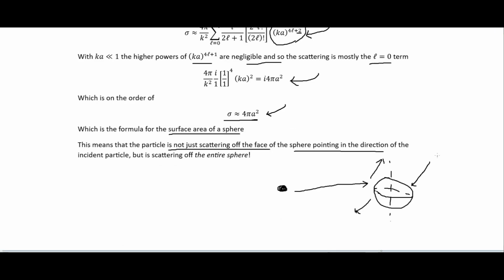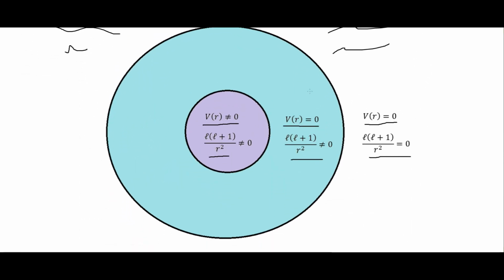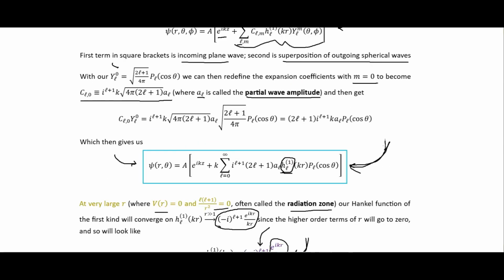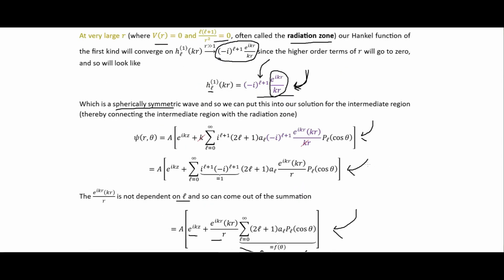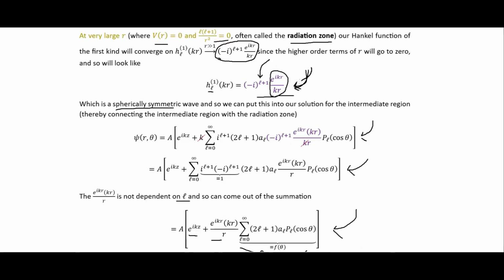But anyway, that was it for this video. So like I said, what we did was we combined the outgoing wave for the intermediate and the external or radiation zone here, and we ended up getting this right here. So that was for the intermediate region. Then we combined it with this, which is what we would get for the external region.